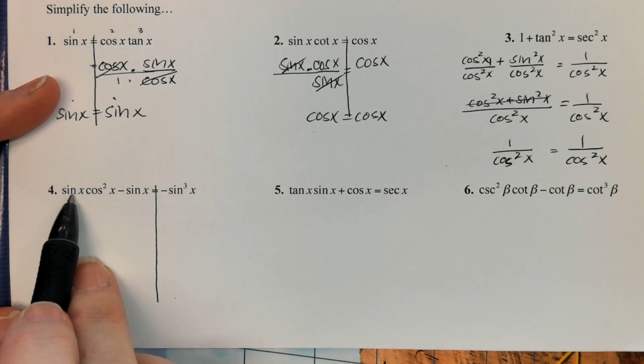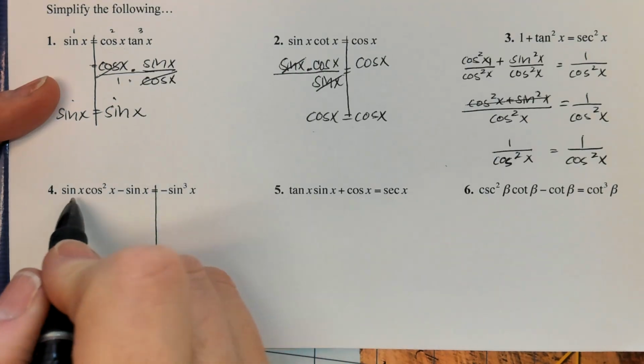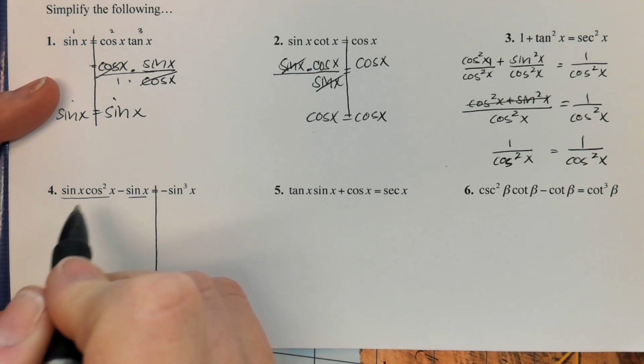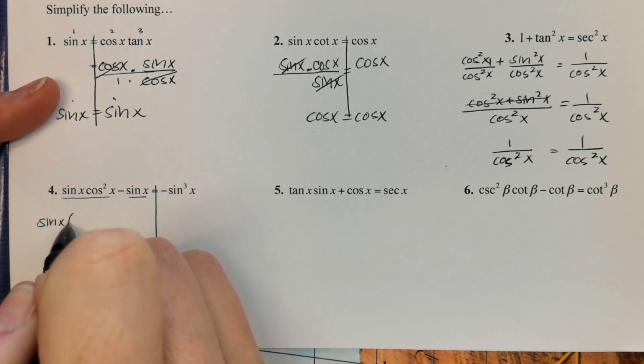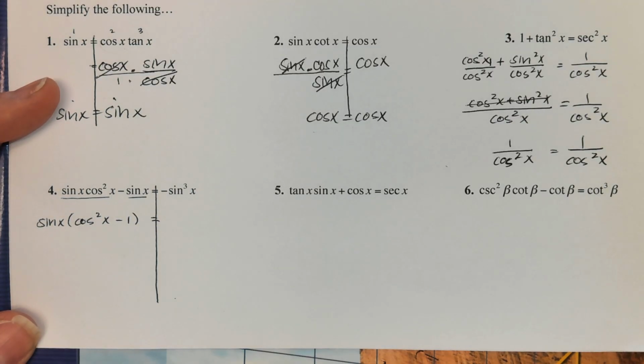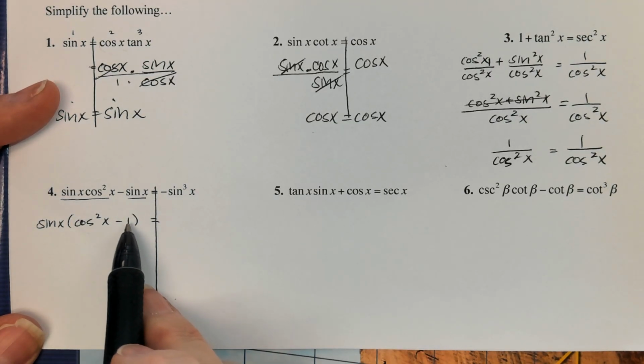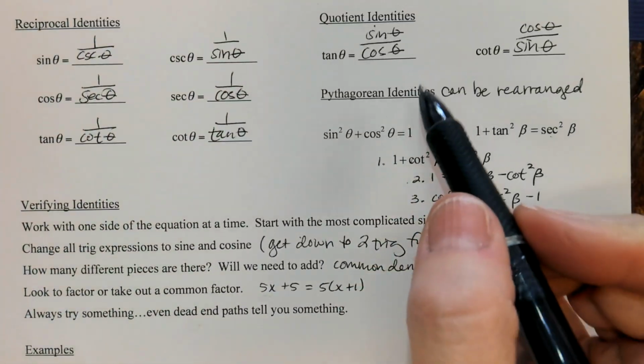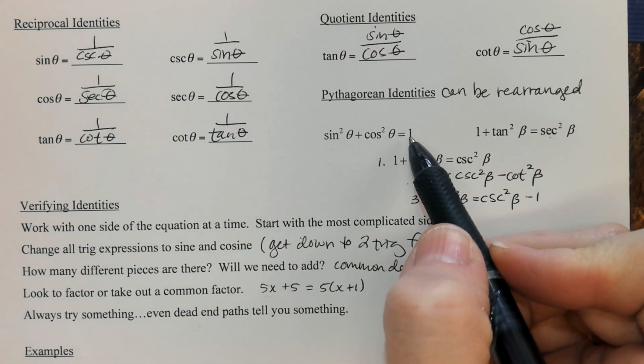So one way is I could take both of these terms right here, both have a sine in them, so I'm going to take that out. I'd be left with cosine squared minus 1. If I go up and look, cosine squared minus 1, that is the start of an identity. I have a cosine squared here, but the 1 is over there.